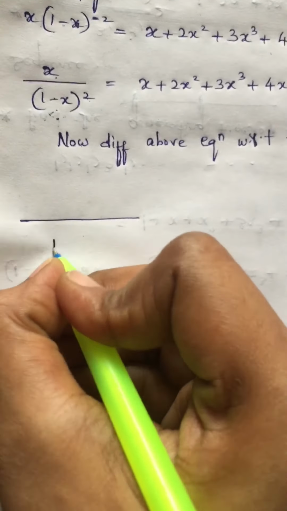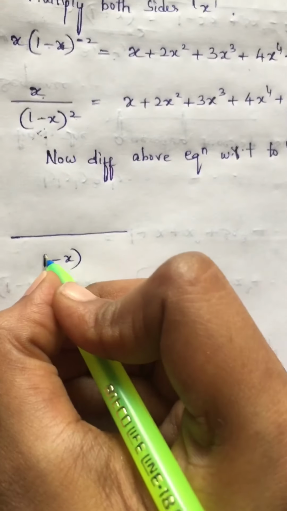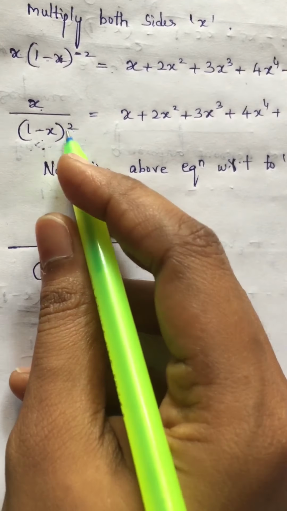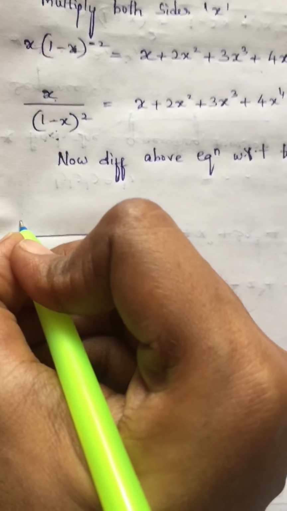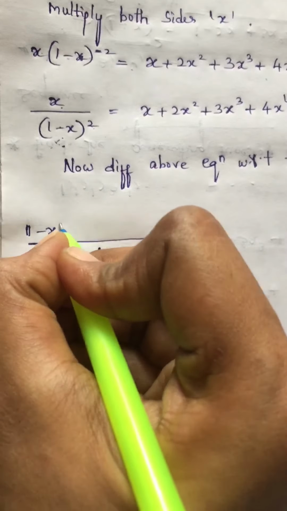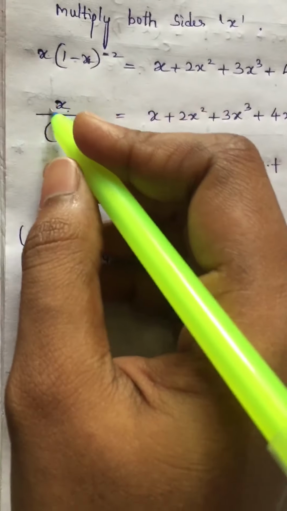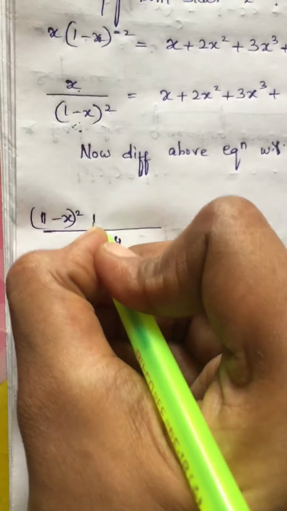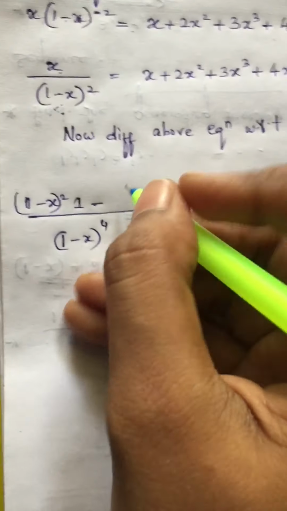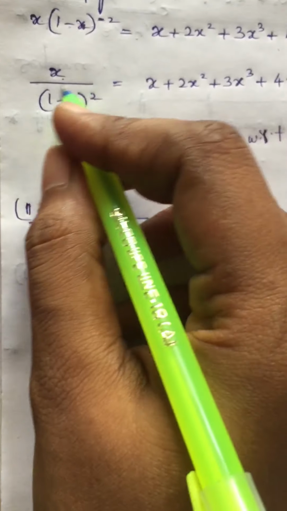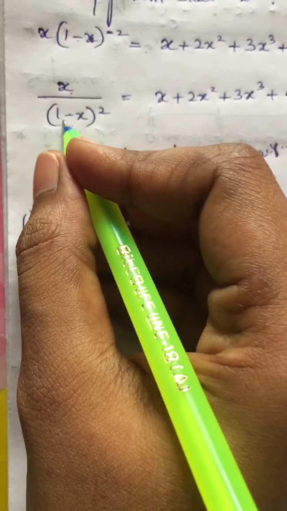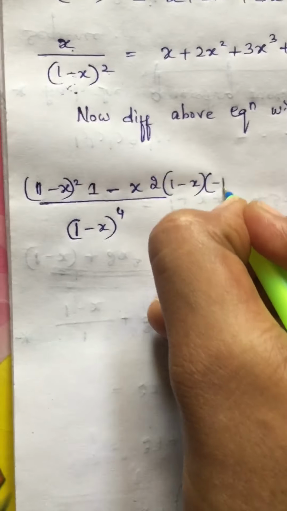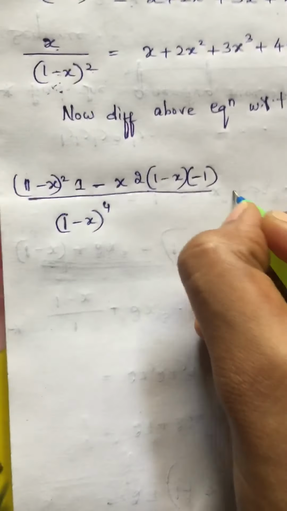The expansion is (v du minus u dv) by v square. Here v is (1 minus x) whole square, so v square becomes (1 minus x) power 4. With respect to u, we differentiate and get the value 1. Next, x into the derivative of (1 minus x) whole square, which means 2 into (1 minus x), and internally we differentiate, which gives minus 1.